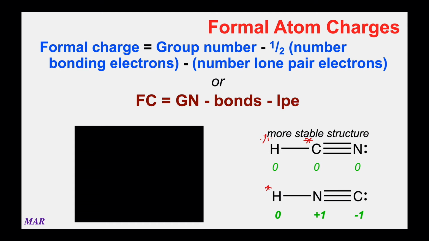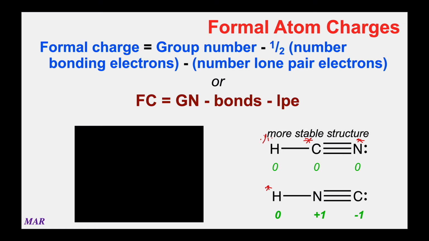And then nitrogen, right there on the end, nitrogen group 5, 5 minus 3 for the bonds, minus 2 for the lone pair electrons. Notice each lone pair electron counts as 1. Nitrogen there goes to 0. Now, if this is a good resonance structure, the sum of the formal charges, 0 plus 0 plus 0, will equal the charge on the molecule. HCN is neutral, there's no charge, so this is a good resonance structure.